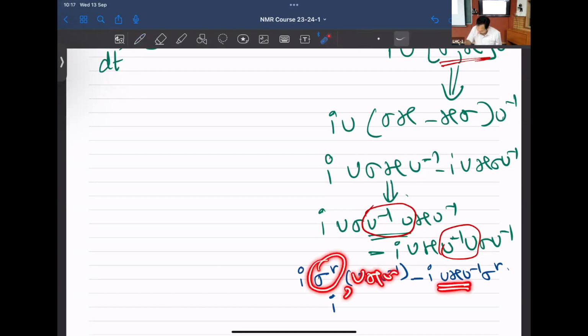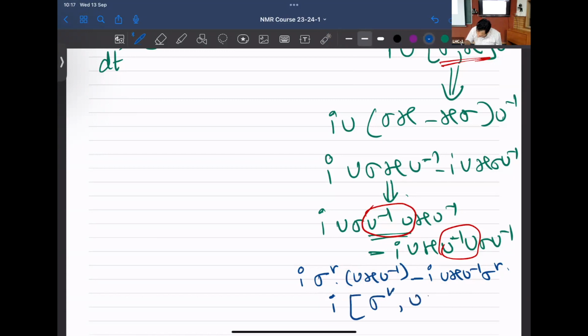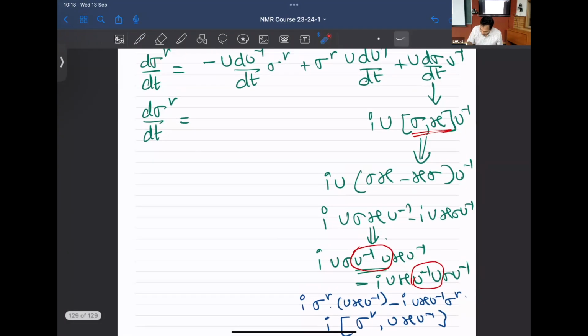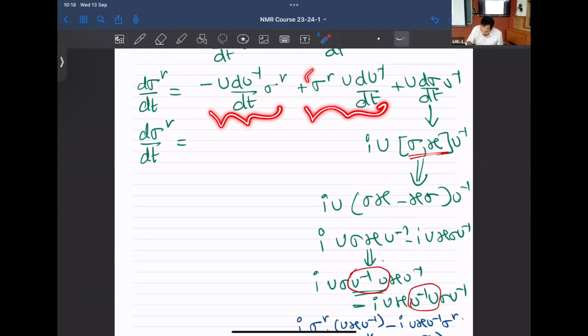U inverse. If you treat this as an operator, you have A times B minus B times A. Correct? So therefore, what does this end up becoming? This ends up being sigma R, comma U inverse. Yet again, what you're able to see here as well, you're able to see AB minus BA. Correct? So let me also write that.